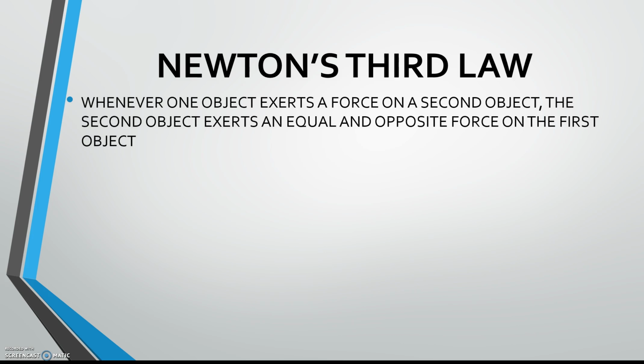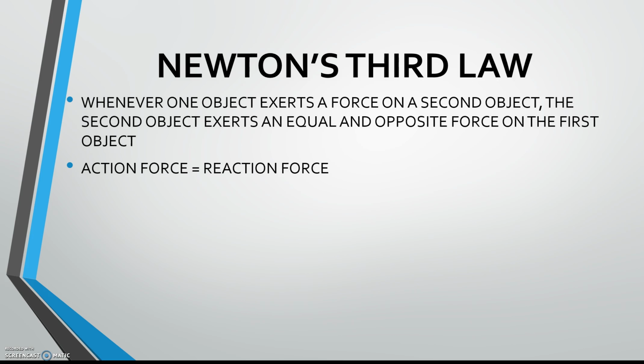Newton's third law. Whenever one object exerts a force on a second object, the second object exerts an equal and opposite force on the first object. Or in other words, we've got what we call an action force, and the action force is one of the forces in our interaction.